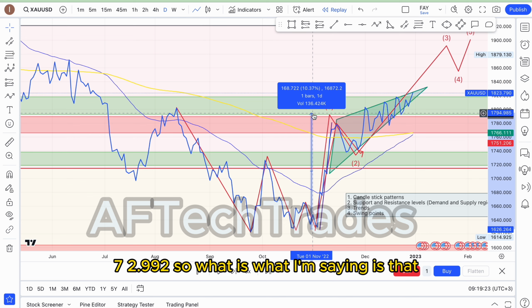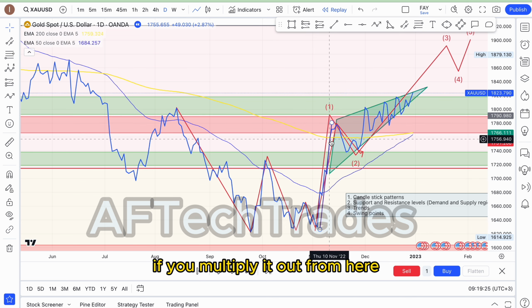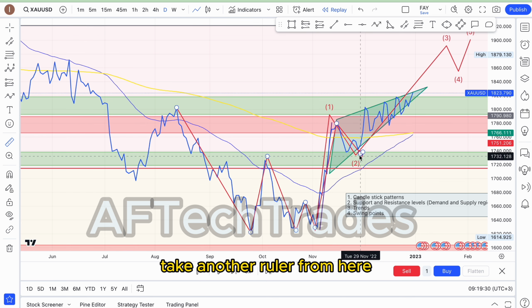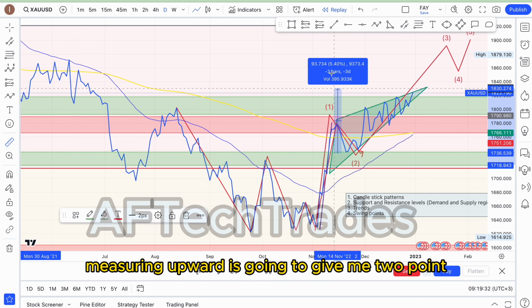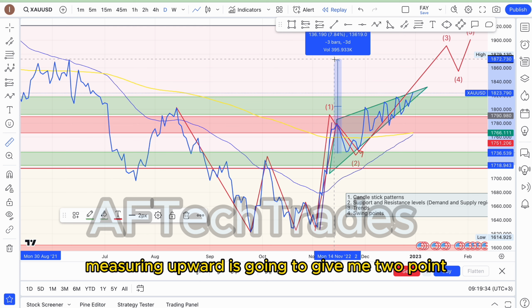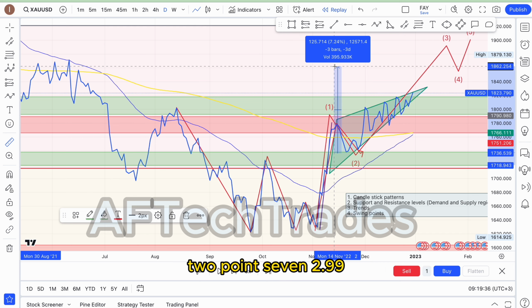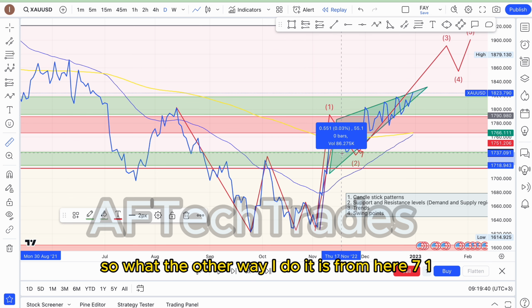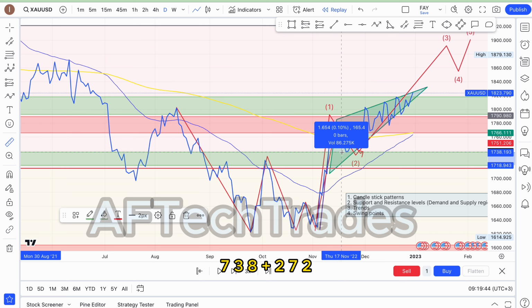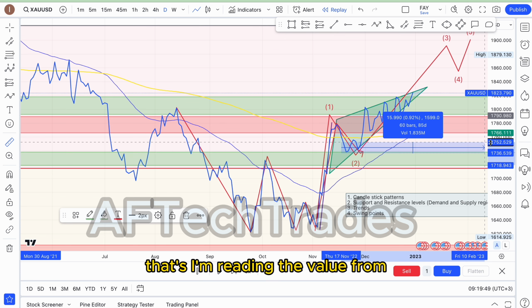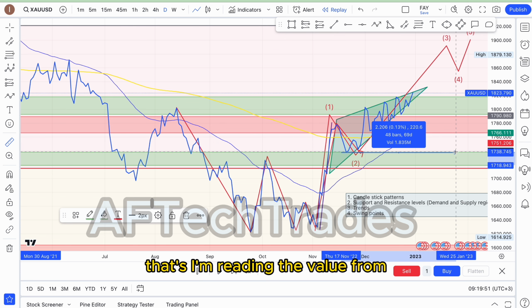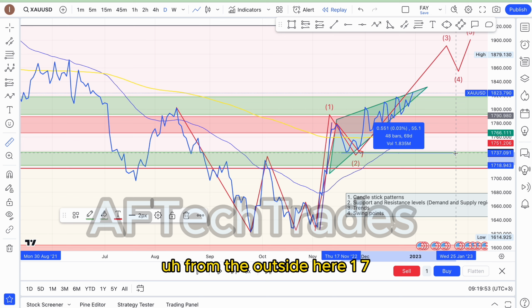So what I'm saying is that if you multiply it out from here, measuring upward is going to give me 272.99, let's say 273. The other way I do it is from here, 1738 plus 272, reading the value from the outside here.